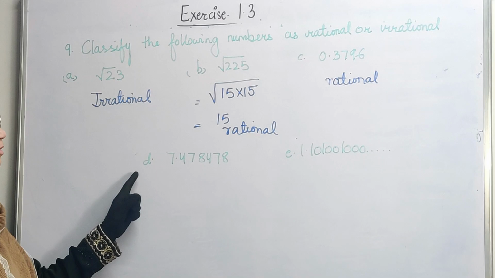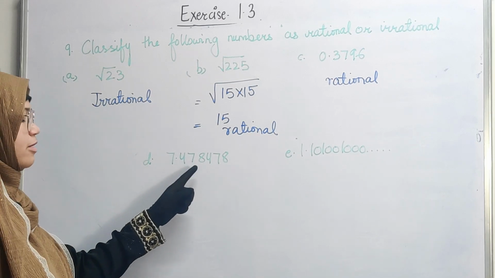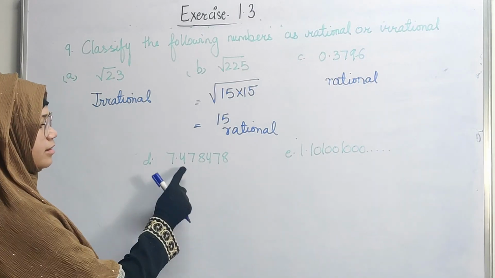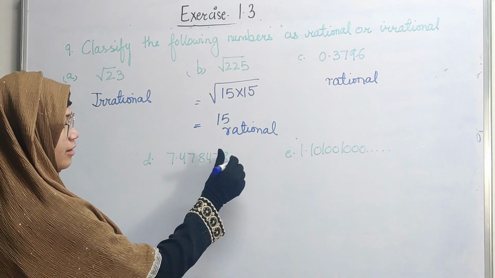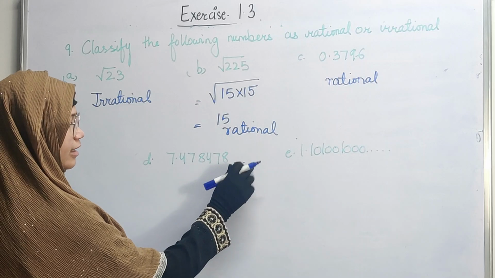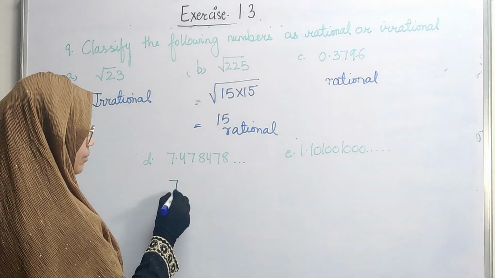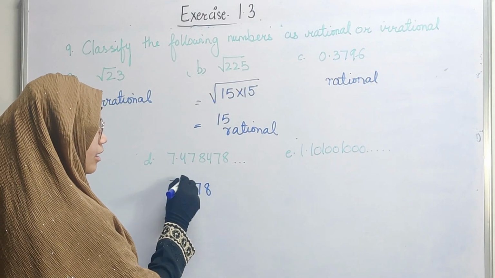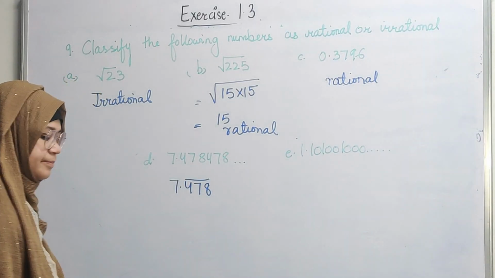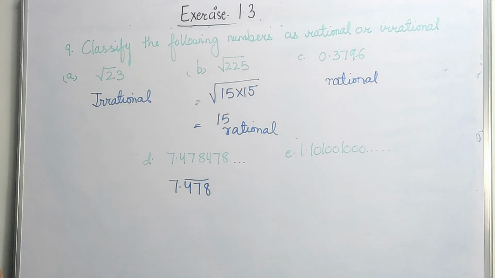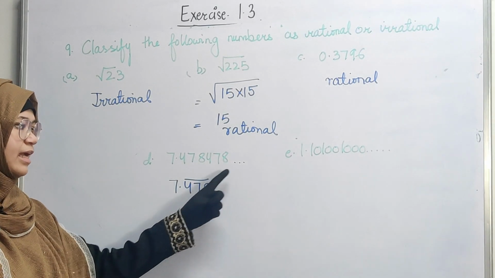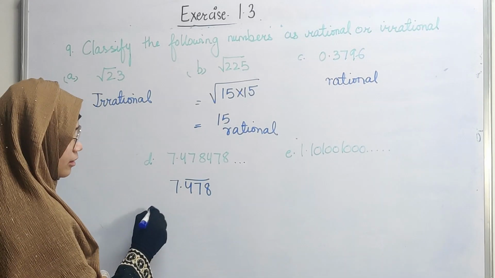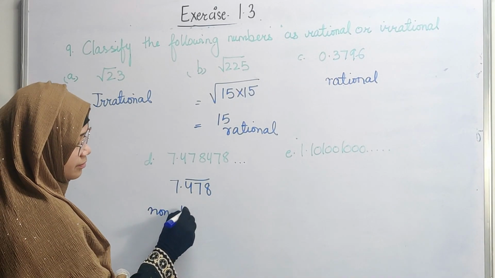Moving on to question number D, 7.478478. Here you can see that 478, 478 and so on. So it can be written as 7.478 whole bar, which is repeating and non-terminating.